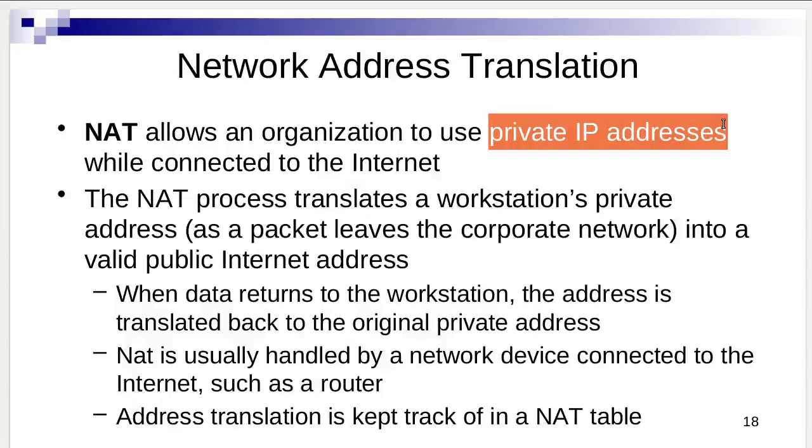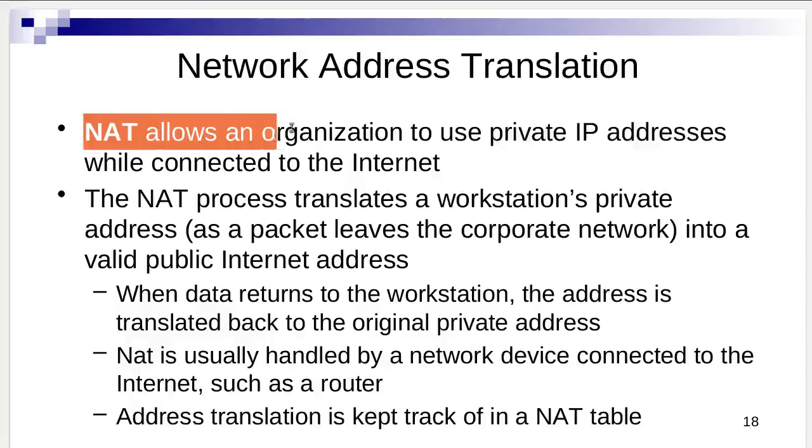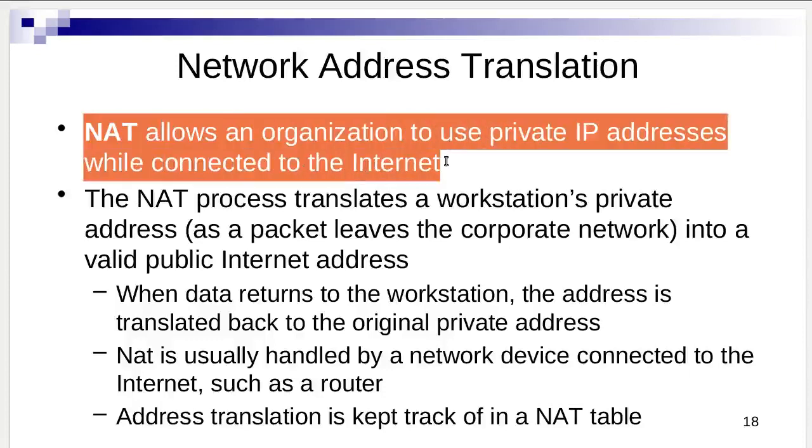And so NAT is what helps you convert any private IP addresses that you use internally to an external public IP address. So this NAT is almost always used with routing.